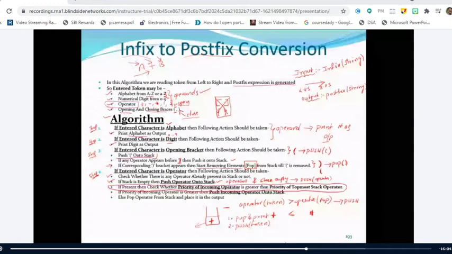Equal, same priority, right? So when the priority of the two operators is equal, you also have to follow this rule. What is that rule? You have to pop the stack and print it as output, and then push the new token. Therefore, this plus is removed from the stack and placed in the output, and you place the minus inside the stack.